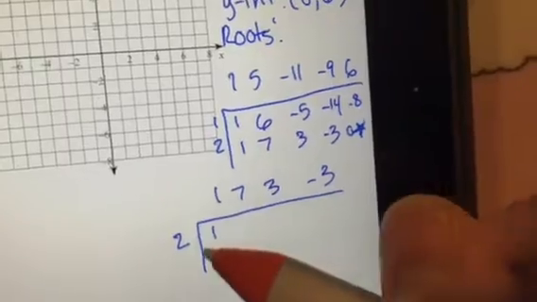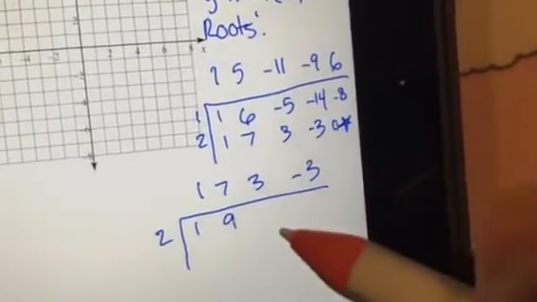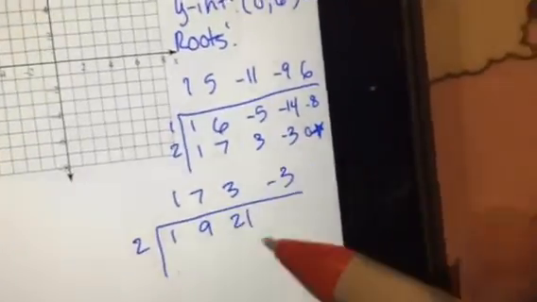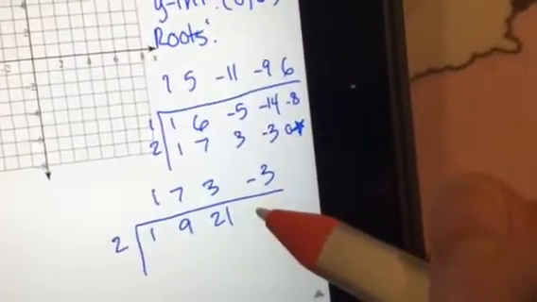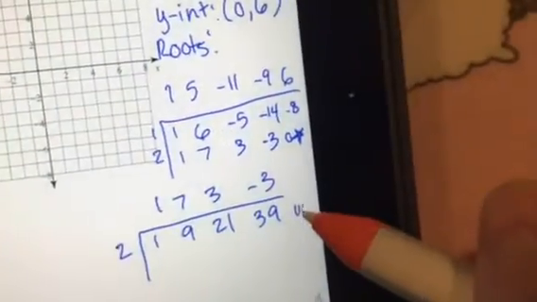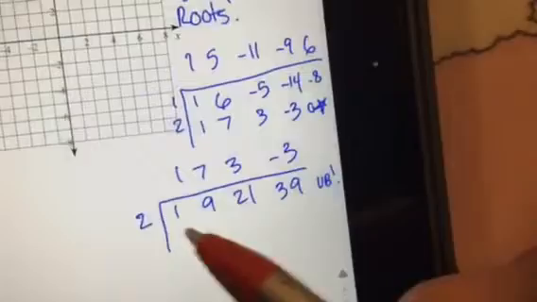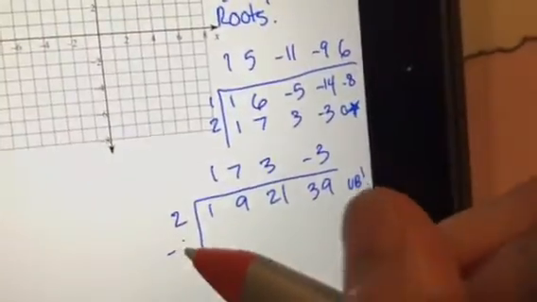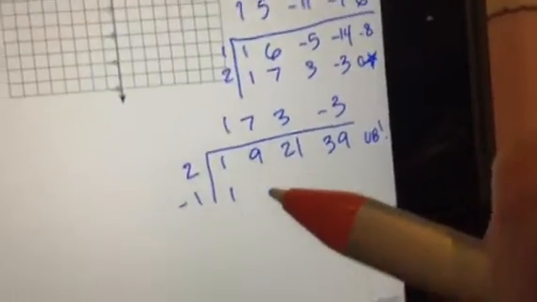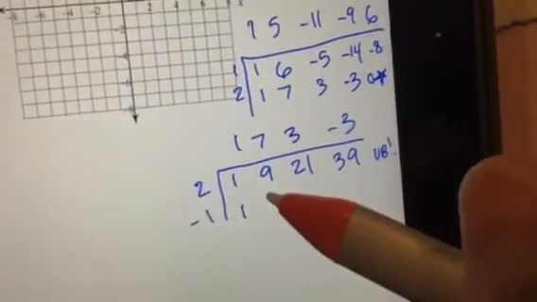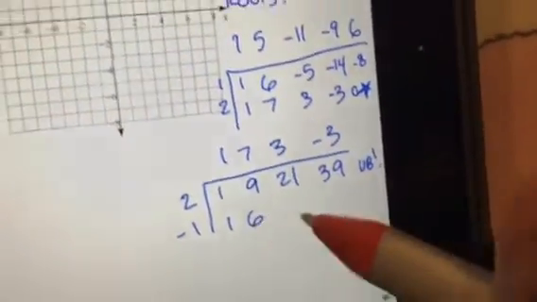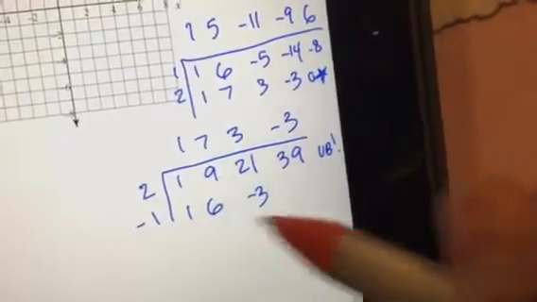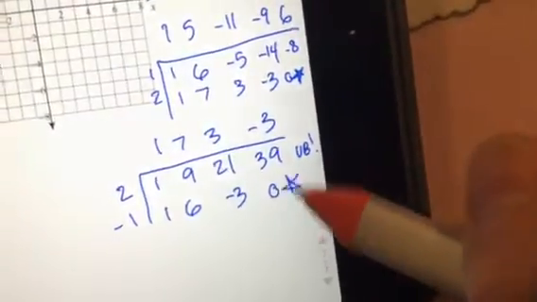If I test 2, 2 plus 7 is 9, 18 plus 3 is 21, I'm getting really big, 42 minus 3 is 39. This means we've reached an upper bound because everything underneath here is positive. Now I'm going to start testing negatives, so I'm going to try -1. -1 plus 7 is 6. -6 plus 3 is -3. 3 plus -3, hey, that's 0.